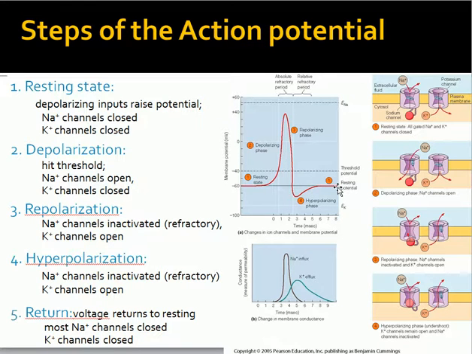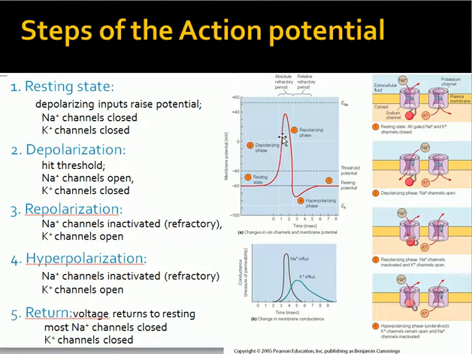So let's go through that specifically. You start out in that resting state, and the depolarizing inputs here are going to raise that potential to be more positive. Right now, when you're right here, both channels are closed, sodium channels and potassium channels. It's only when you reach that depolarization threshold that the sodium and potassium channels open.